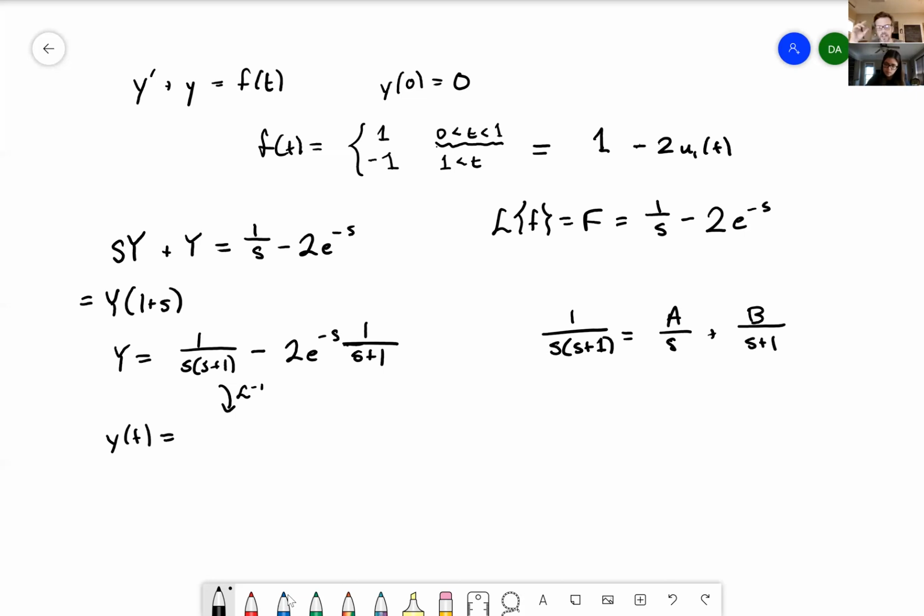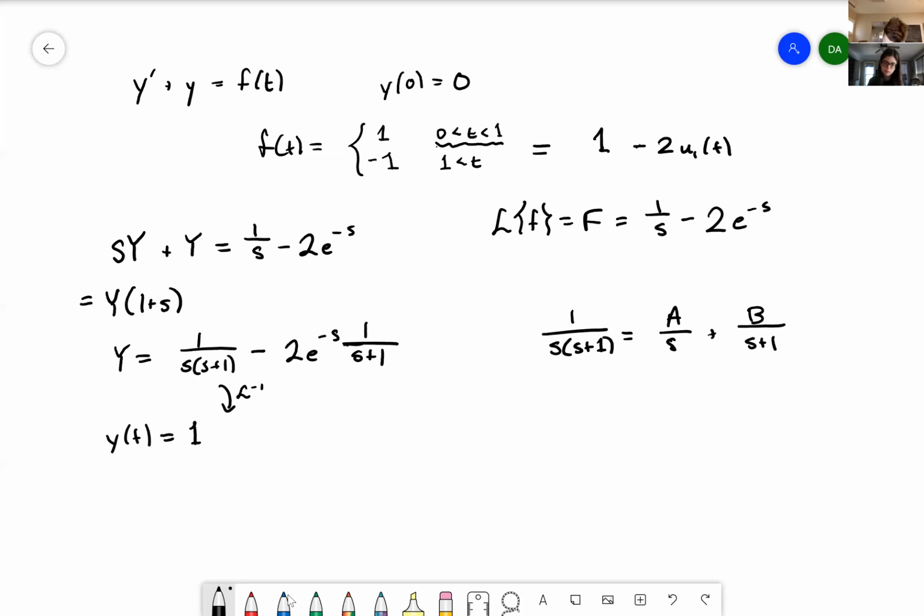I was debating in my head whether I wanted to do this as a partial fraction decomposition, or we could use the convolution for this. So actually, let's just write that out, see what that would give us. So this is 1 over s times 1 over s plus 1, and we know what the Laplace transforms of those are.